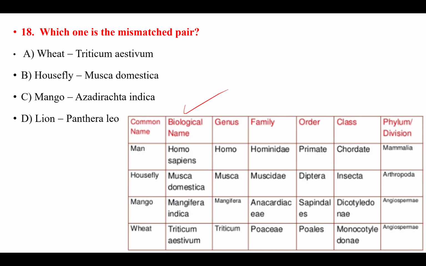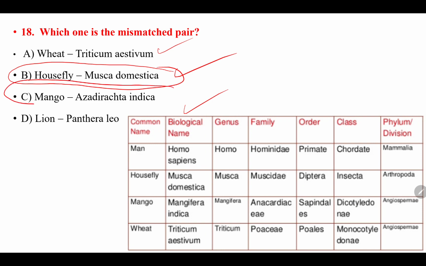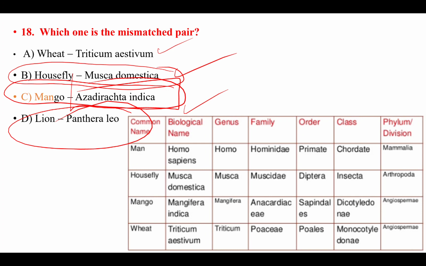Wheat, scientific name is Triticum aestivum, for housefly it is Musca domestica, the right option, and mango is Mangifera indica, but here they have given something else. And lion is Panthera leo. So, in this, the mismatched pair is mango. So option C.